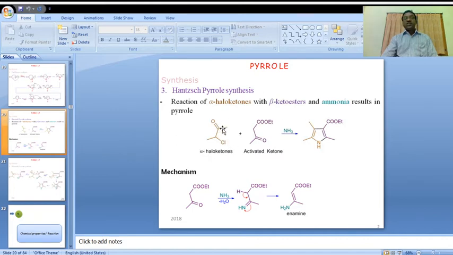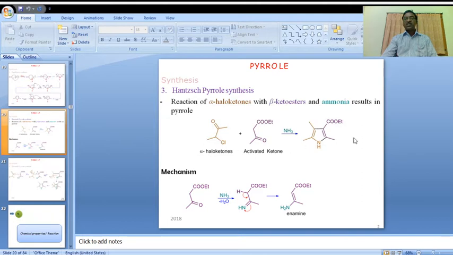This is the starting material alpha haloketone, on reaction with this beta keto ester in presence of ammonia, we will get substituted pyrrole. It is a single step reaction.